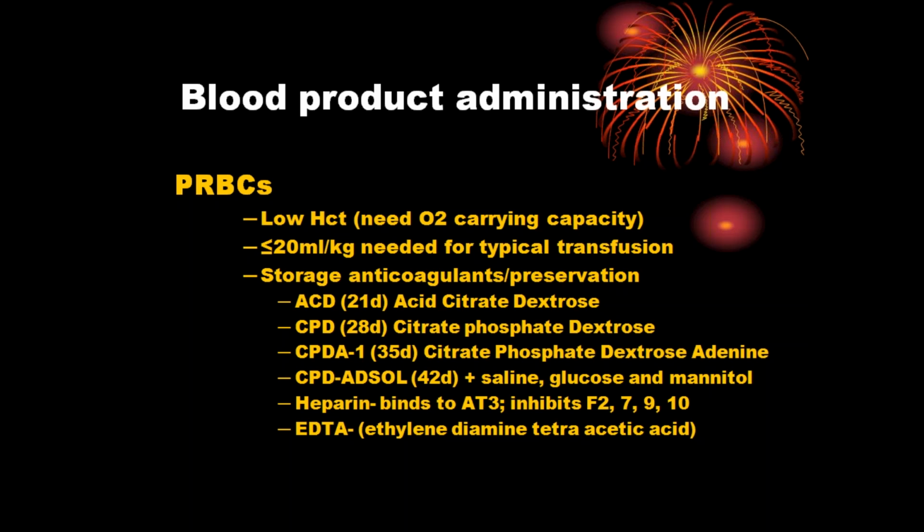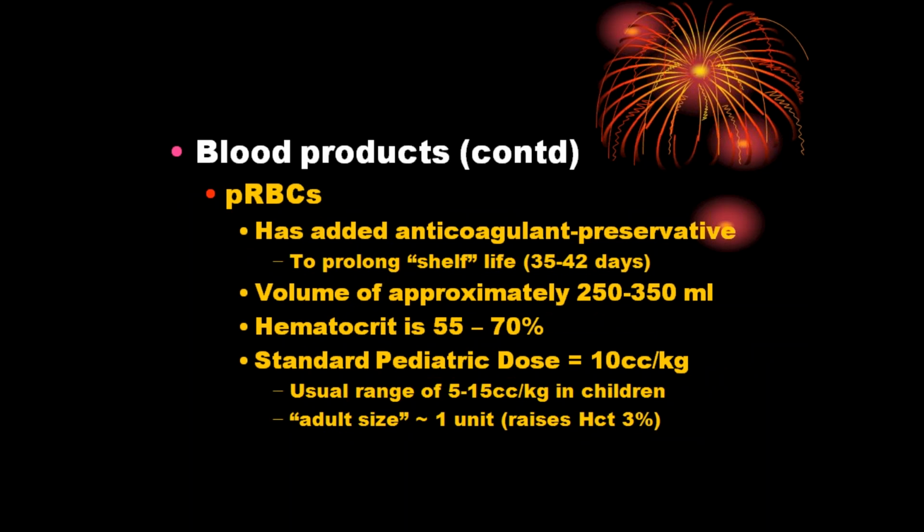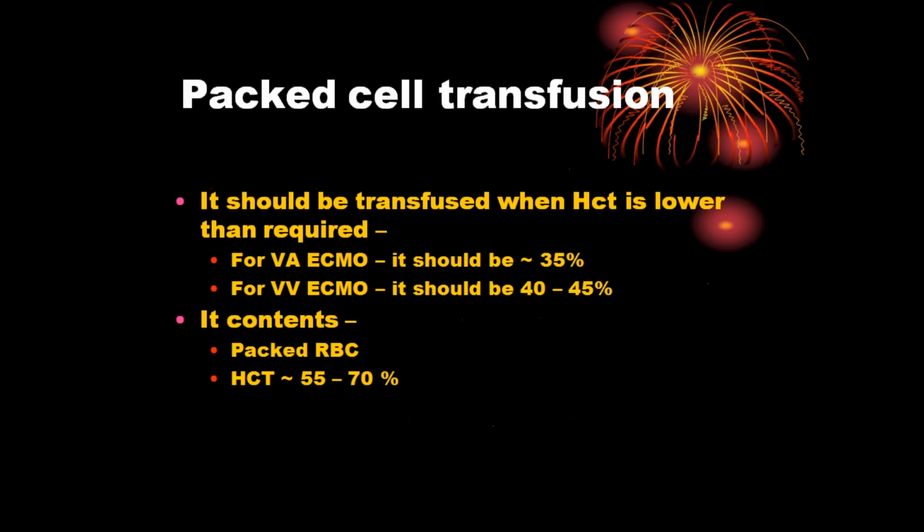The storage anticoagulants like ACD and CPD increase the acid, citrate, and phosphate components, and the heparin binds to antithrombin 3, which inhibits factors 2, 7, 9, and 10, and the other preservatives interfere with the metabolism. So it has an added anticoagulant preservative. The volume to be given is around 250 cc, and the hematocrit is around 55%. The pediatric dose is 10 cc per kg.